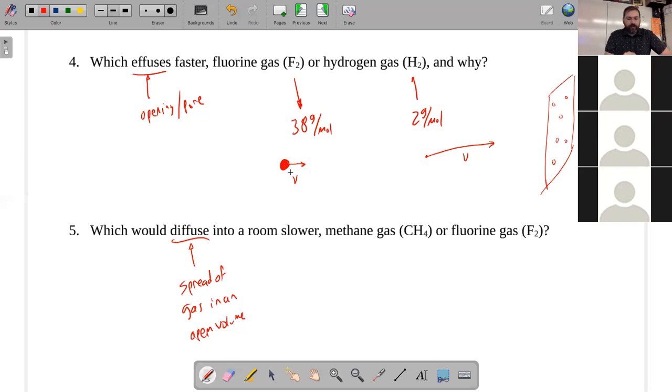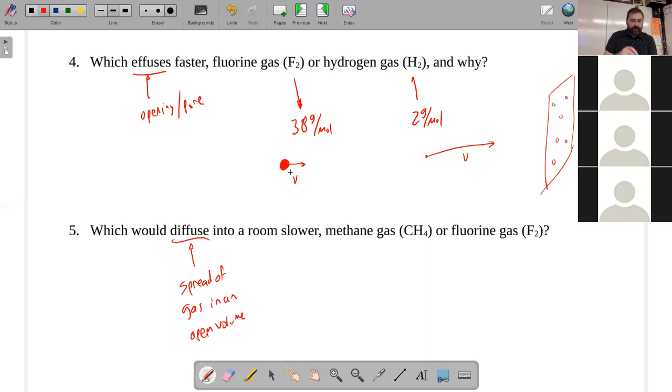Where the fluorine gas, not only are the particles larger and moving more slowly, so there's a lower probability that they'll get to the pores in any amount of time. And then also the particle size is larger, so it could be that the membrane is not permeable to that size particle.